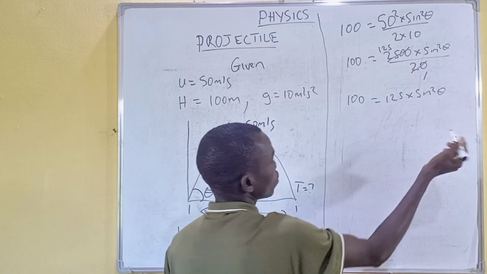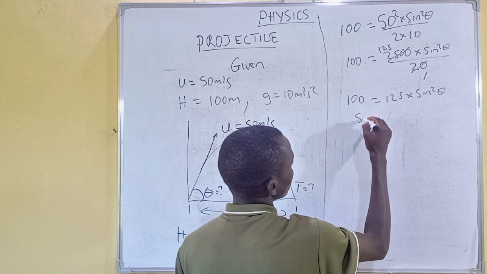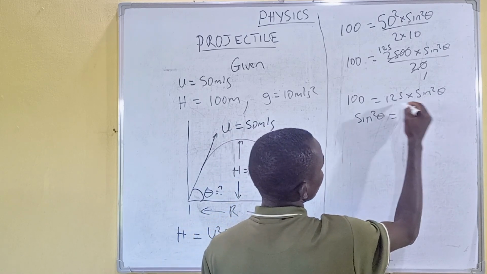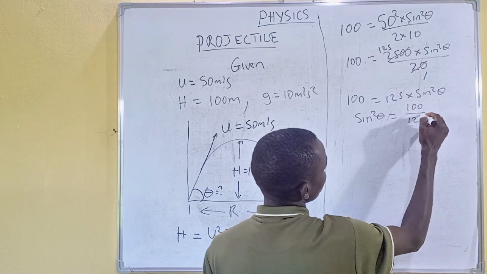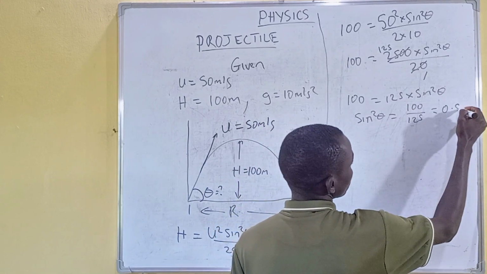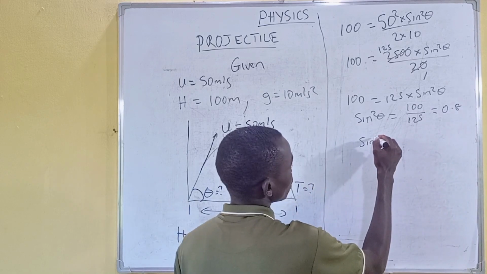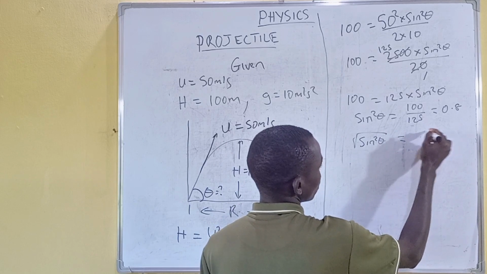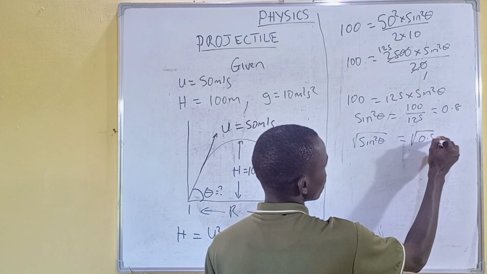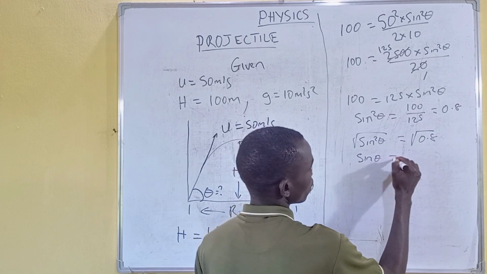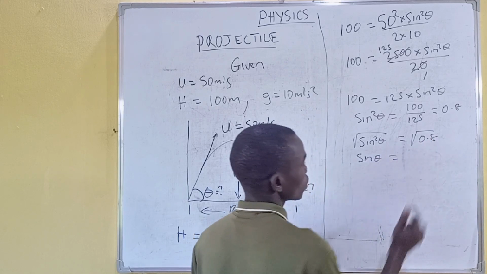We have to make this the subject of the formula. We have sine squared theta equals 100 divided by 125, equals 0.8. Taking the square root of 0.8, this will now give sine theta equals the square root of 0.8.